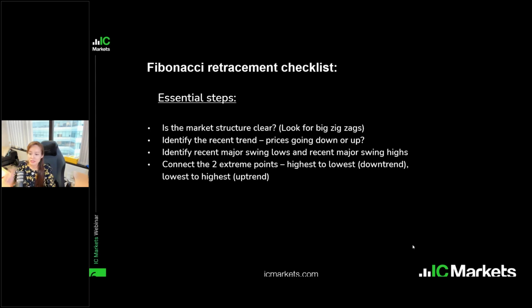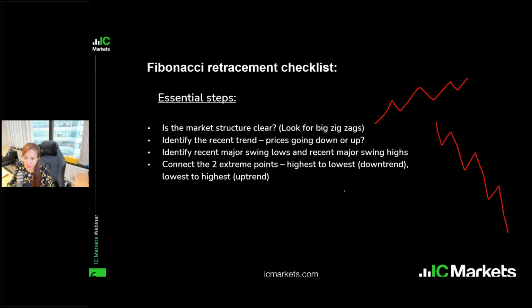Let's recap what we discussed in the last webinar. Fibonacci retracement checklist: you need to look for very clear market structures, either an uptrend, zigzag like this, or a downtrend like this.